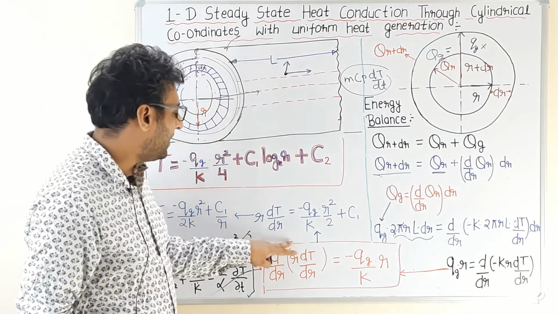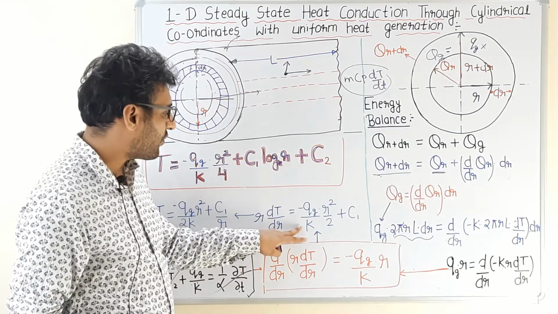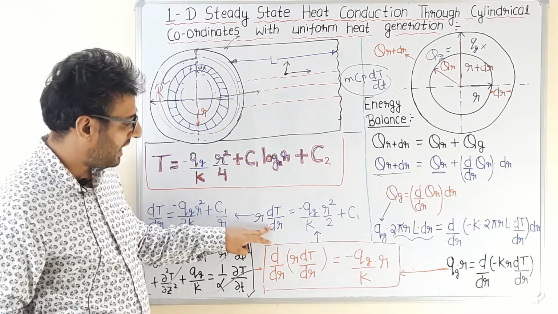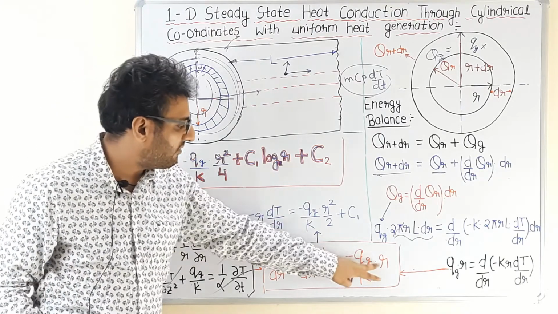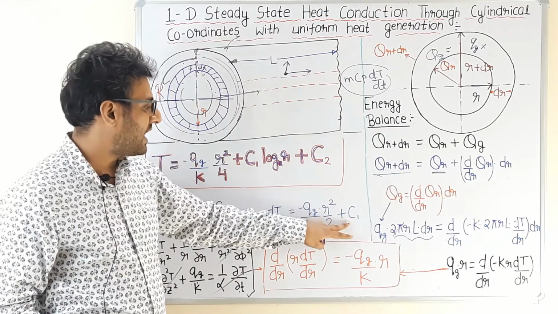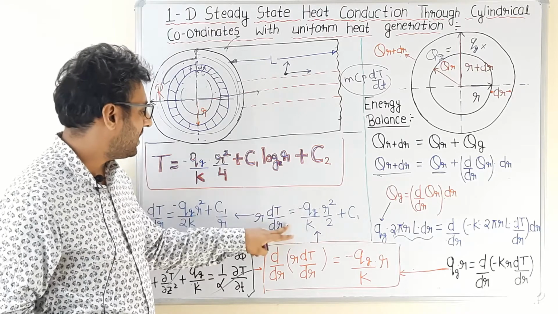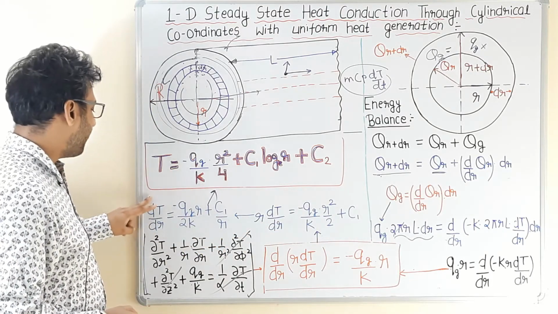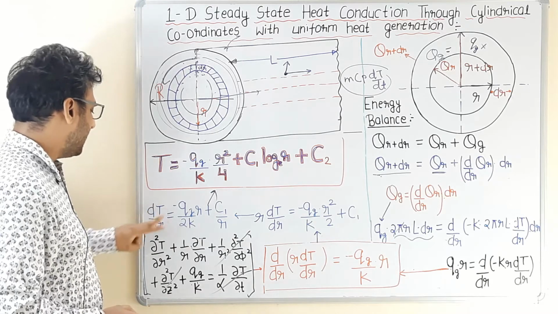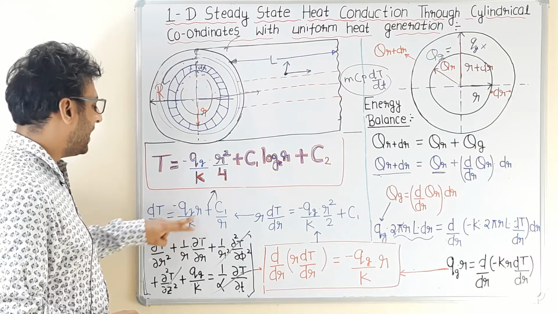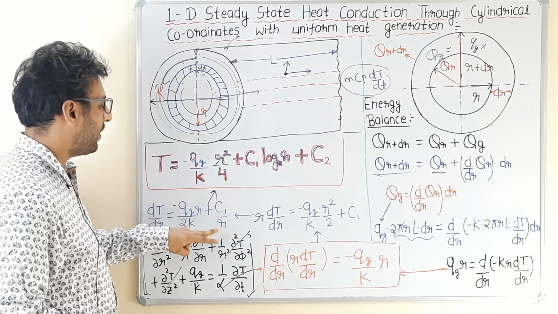Now after integrating this equation we get r dT upon dr equals minus Qg upon K times r square by 2 plus C1, where C1 is the constant of integration. Further rearranging, we get dT upon dr equals minus Qg upon 2K into r plus C1 upon r.